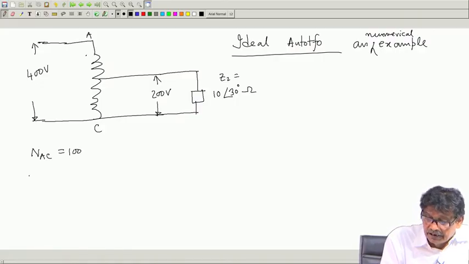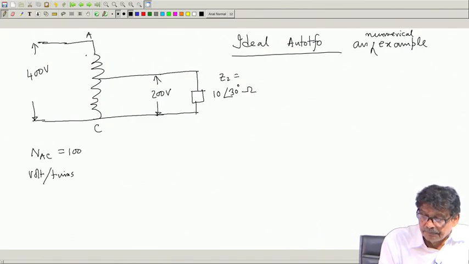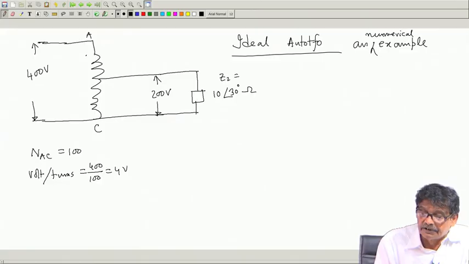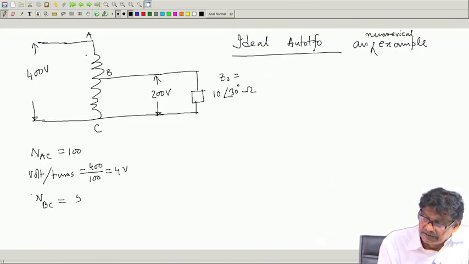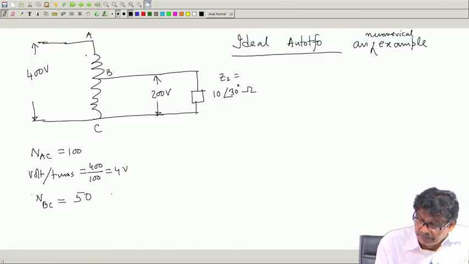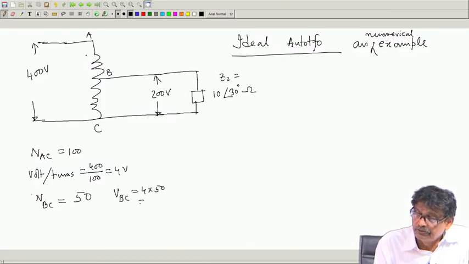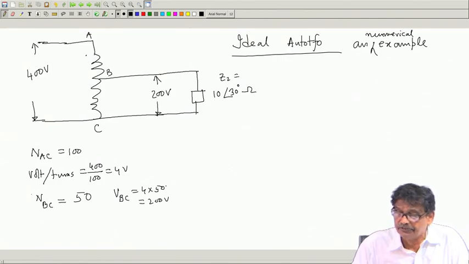Then immediately I will calculate volt per turn, which will be equal to 400 by 100, 4 volt per turn. And suppose I say that NBC is equal to say 50 turns. Then this voltage VBC must be equal to 4 into 50, that is 200 volt, is it not? That is how I got the voltages.